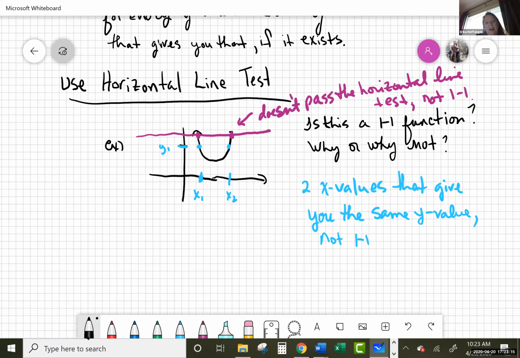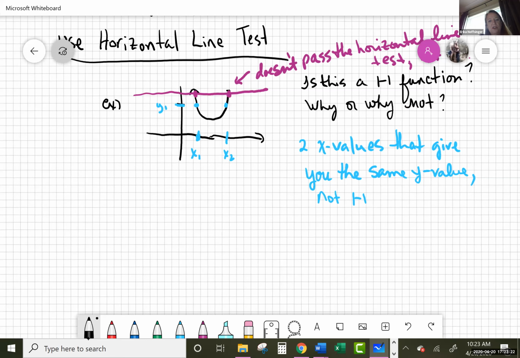So you can look at a graph easily to see if it has an inverse, or if the function you used to graph that has an inverse, by seeing if it passes the horizontal line test.